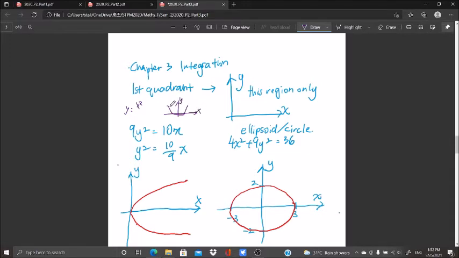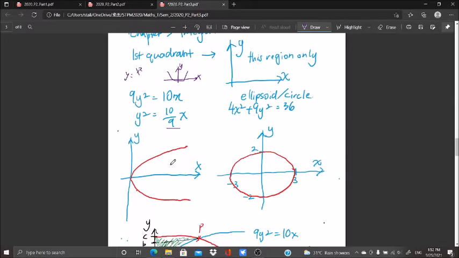Same thing, x equals y squared. You will have this shape inverted onto the y-axis, which only exists here. If you multiply by a constant greater than 1, it will make your curve steeper. What I mean by steeper is the gradient will be steeper. It will not be flattened. Okay, so this thing is done.